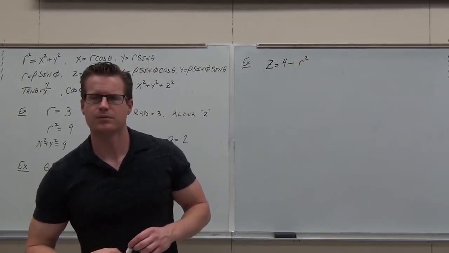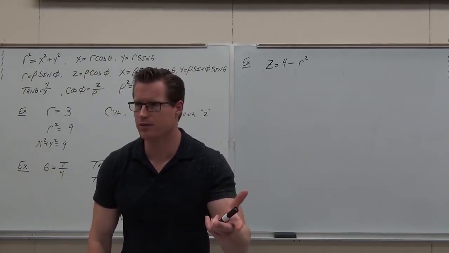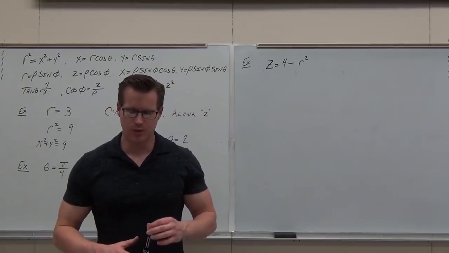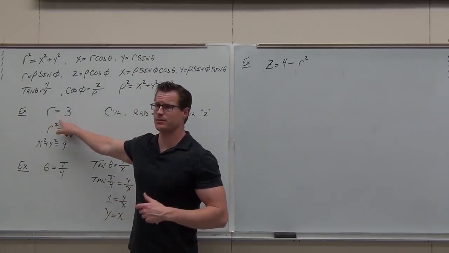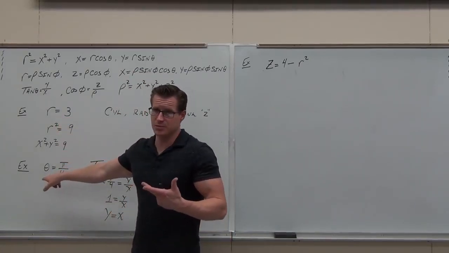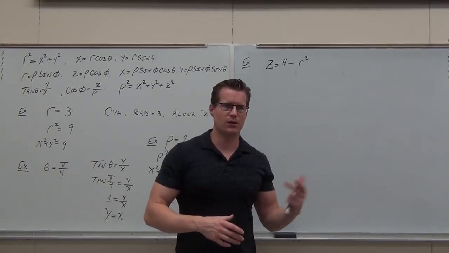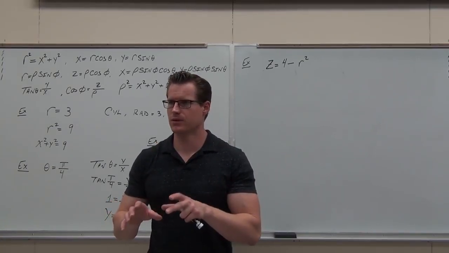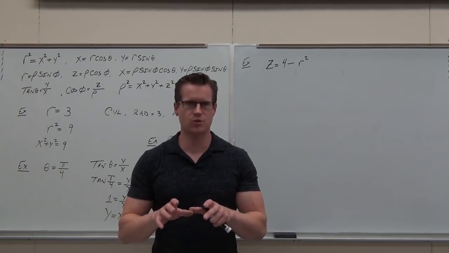These ones really don't look very nice, and they're not readily apparent what in the world this thing even is. So when it's not obvious what they are, that should be obvious from now on, that's a cylinder, that's a plane, that's a sphere. But from here on out, if it's not obvious, convert it to rectangular. Convert everything to rectangular.